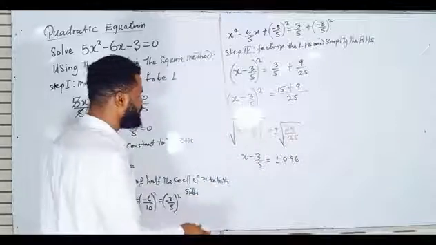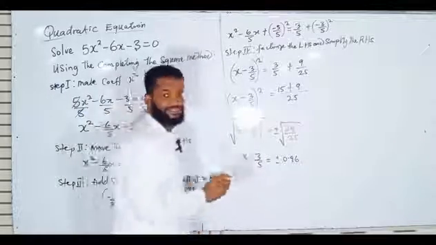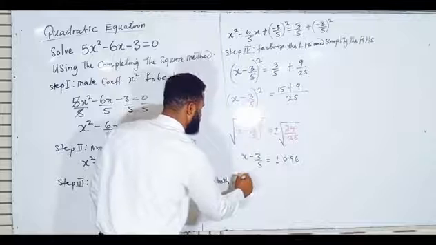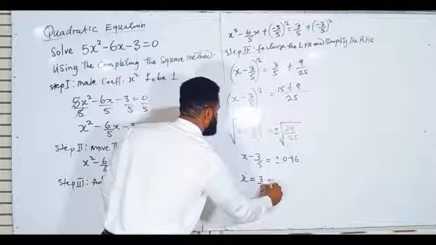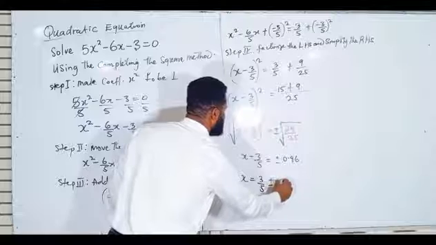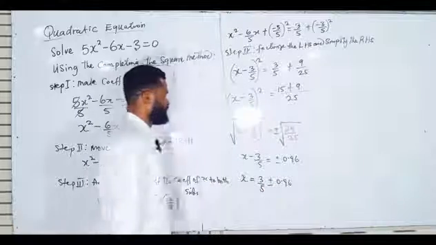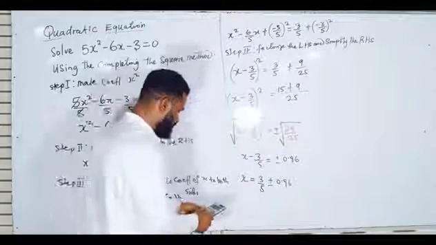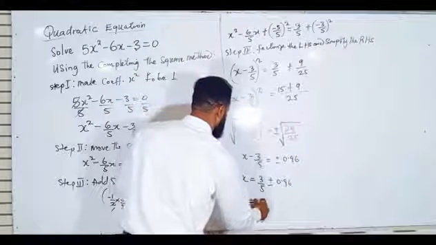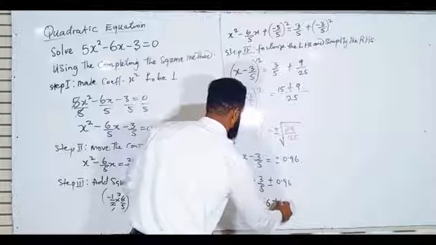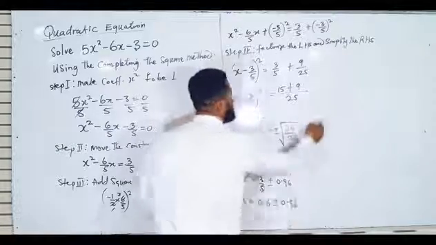At this point, I am going to make x the subject of the formula by moving it to this side. So x is equal to 3 over 5 plus or minus 0.96. Since I'm using decimals, 3 divided by 5 is 0.6. So x is equal to 0.6 plus or minus 0.96.